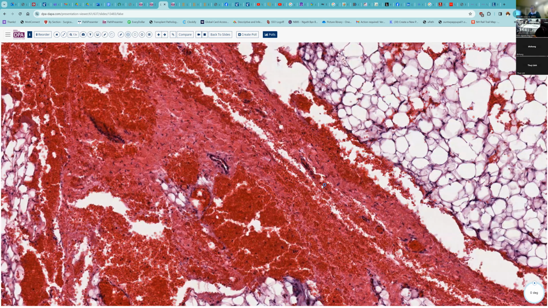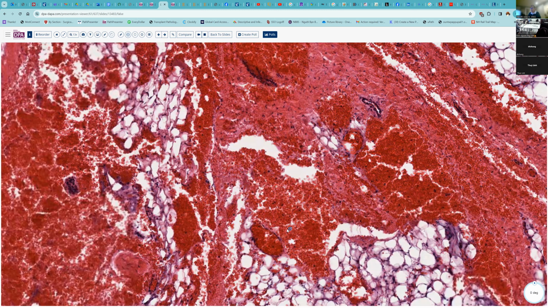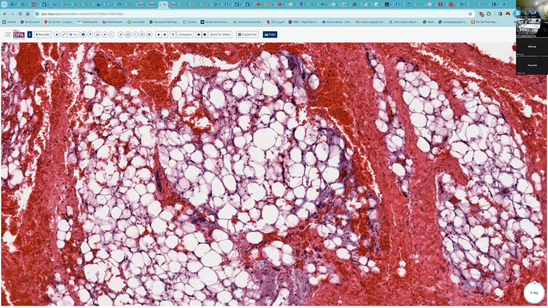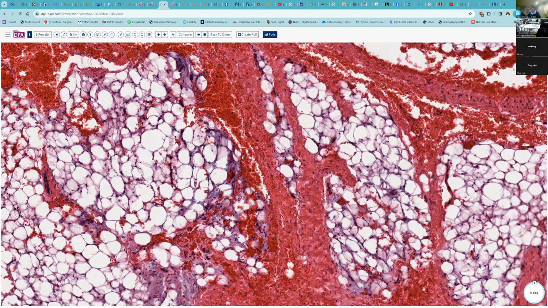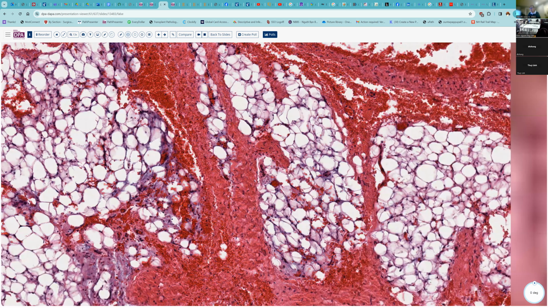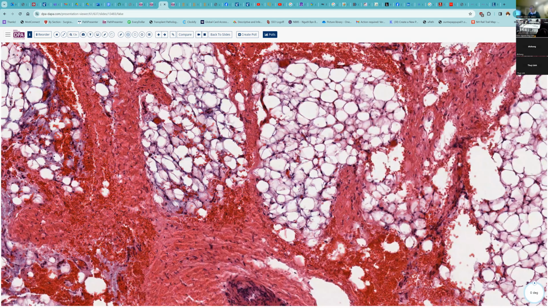Now, typically for a lipoblast, we like to define it as a cell which has more than one lipid droplet and some indentation or alteration to the nucleus with that fatty bubble. So sometimes you have to search a fair bit to find those cells. And of course, we can see them in a variety of both benign and malignant tumors.